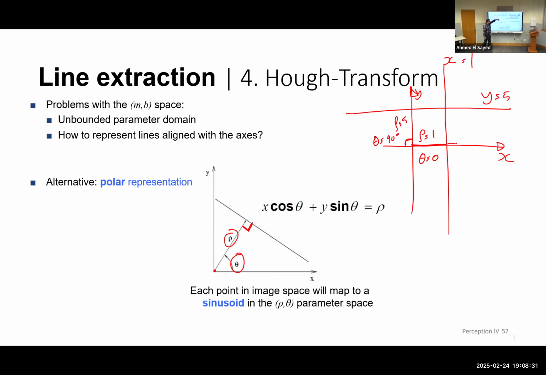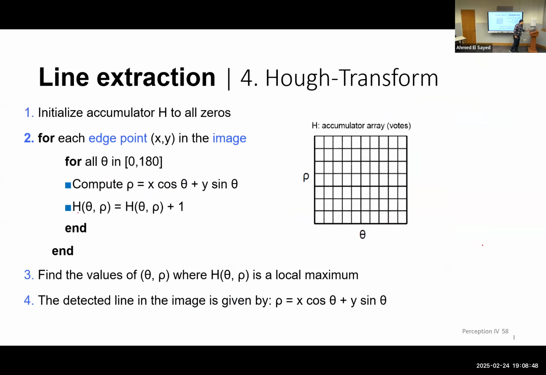Any line will lie within this area. So theta can equal 0 until 180. No other value. Right? So I will search for the value of theta within 0 to 180.